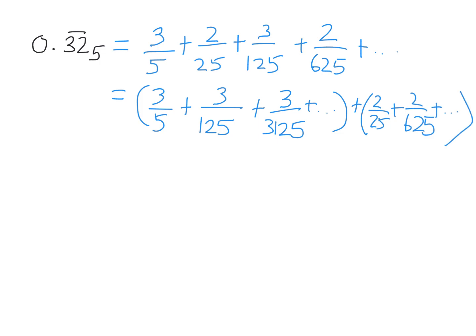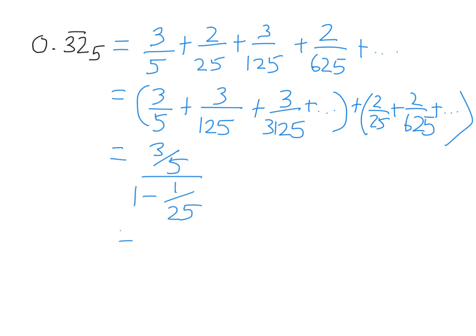So I'm just going to calculate each limiting sum and add my answers. For this one here, this is a limiting geometric series because it's geometric and r equals 1 over 25. This divided by this divided by this is 1 over 25. So the limiting sum is the first term over 1 minus the value of r.